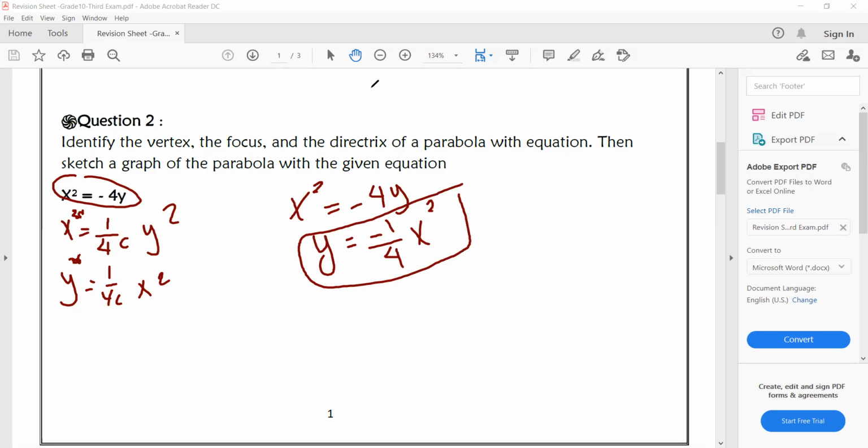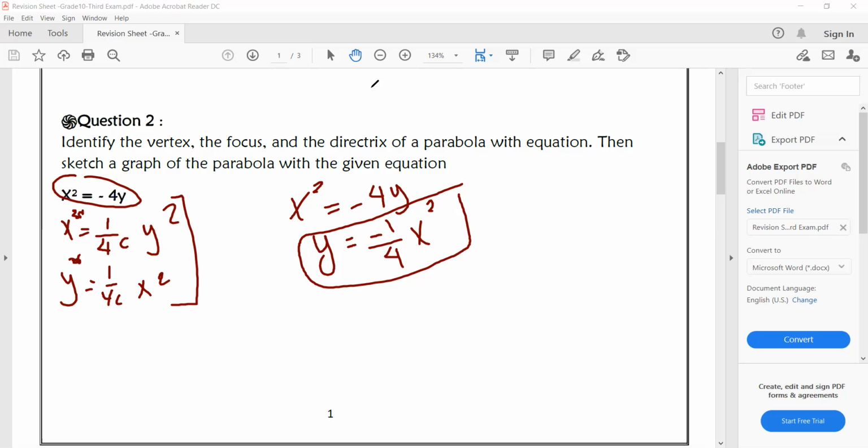We know that the standard forms are x equal 1 over 4c y squared, or y equal 1 over 4c x squared. So I will rewrite it in one of these standard forms, which is y equal negative 1 over 4 x squared.